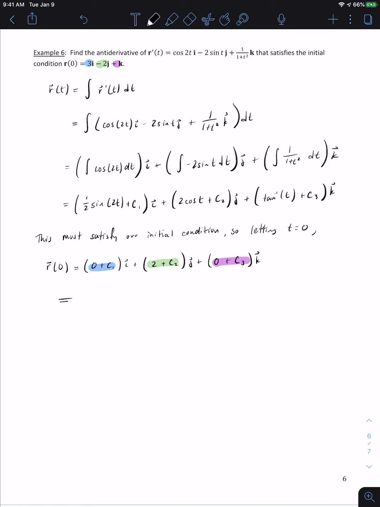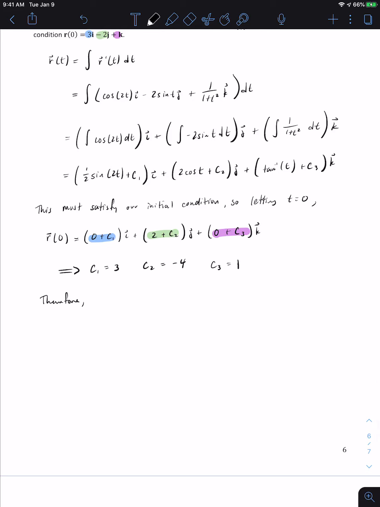In other words, what do we end up getting? C1 has to be equal to 3. C2 has to be equal to -4, so that way when I add 2, it gives me -2. And C3 has to be equal to 1.